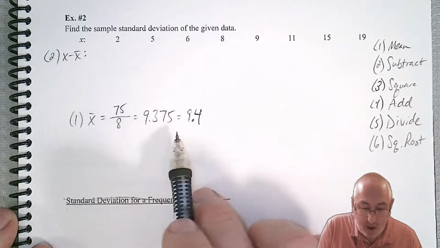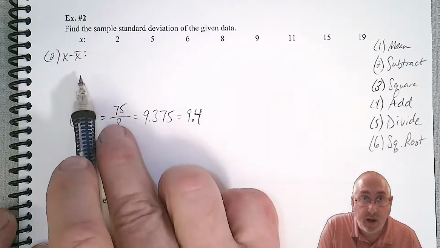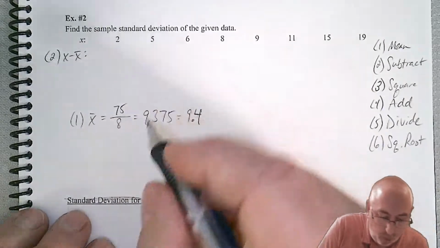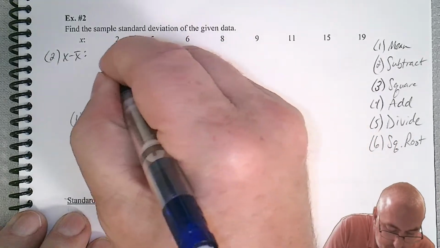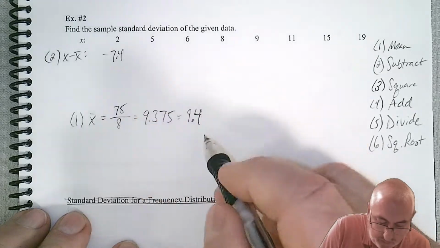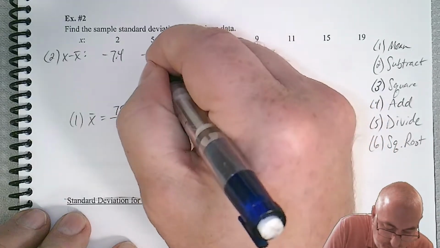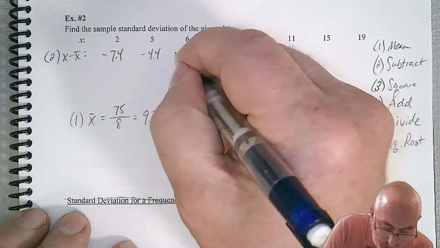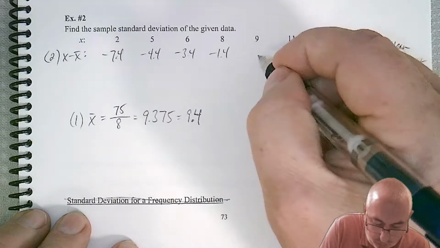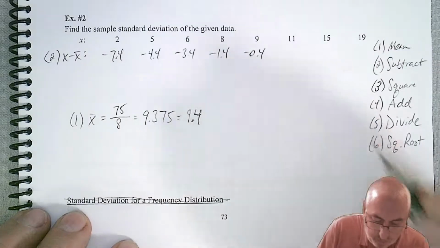All right, now we have our mean, and we're at step 2, we want to subtract. So 2 minus 9.4 will give you a negative: negative 7.4. Five from that, negative 4.4, negative 3.4, negative 1.4, negative 0.4.